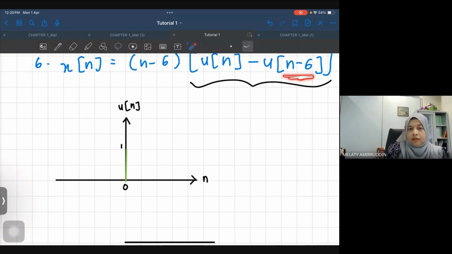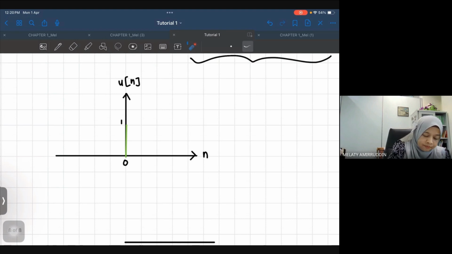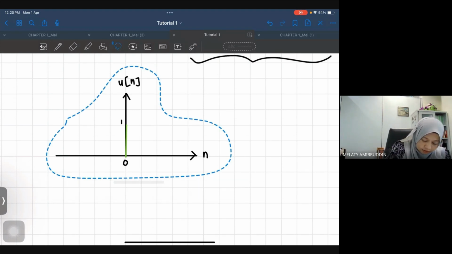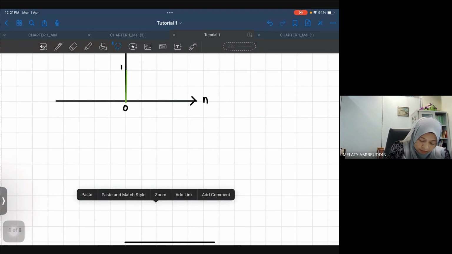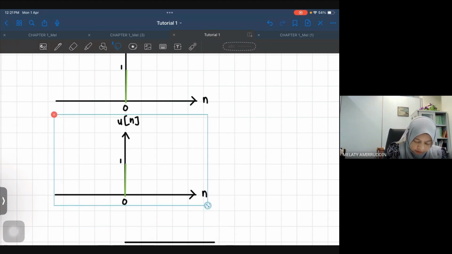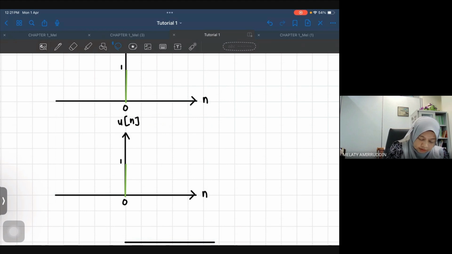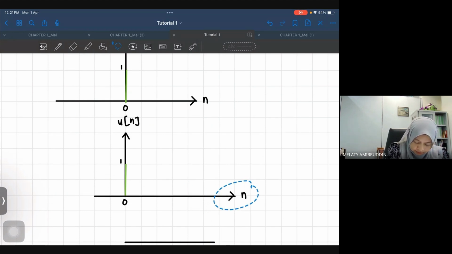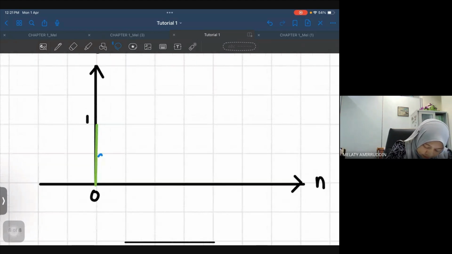You need to shift the signal to the right by 6 units. Copy, paste. 6 units: 1, 2, 3, 4, 5, 6.